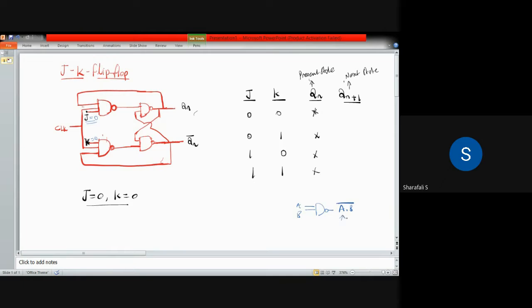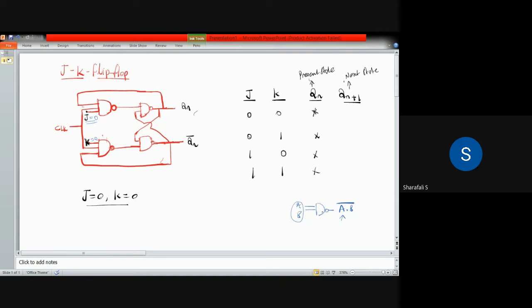So if any one of these, A or B, is 0, then the product A dot B will become 0, and taking the complement of that gives you 1. So if any input is 0, then the AND of all these inputs will be equal to 0, because one of the variables is 0.